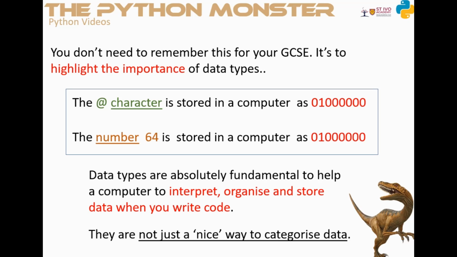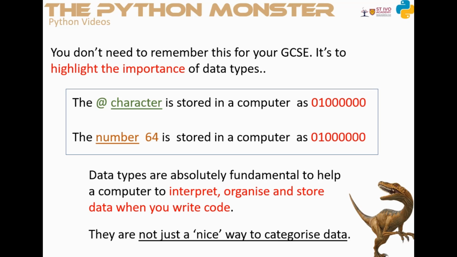To give you a really simple example of how life can be really difficult for a computer just speaking a language of zeros and ones, the @ character is actually stored in a computer using the binary code 01 followed by 6 zeros. Take a look at this, because the number 64 is also stored in a computer as 01 followed by 6 zeros. So that's actually quite shocking that the computer can have this potential conflict with two completely different types of data that we tend to use in completely different ways, but actually trying to store it as exactly the same binary code.